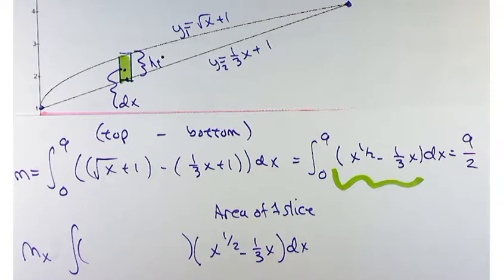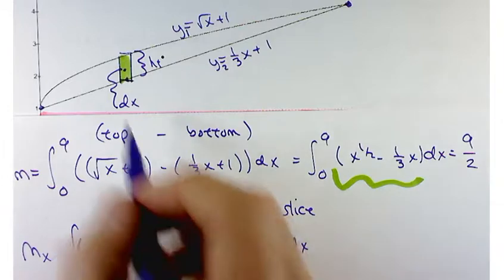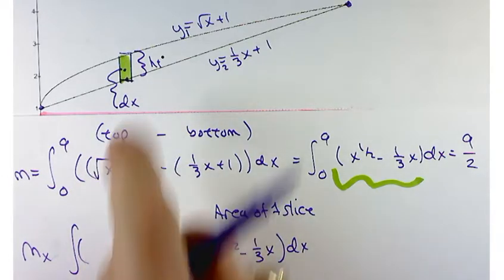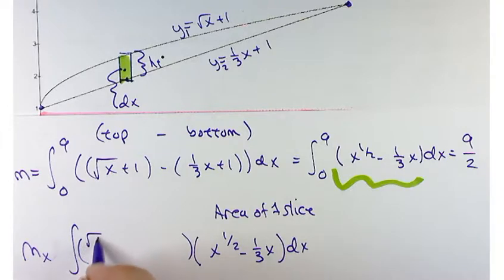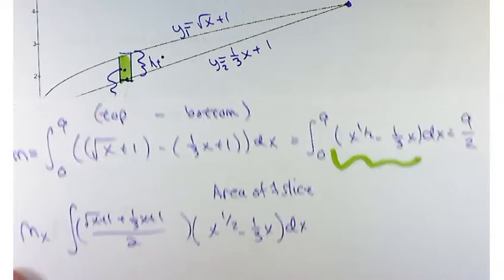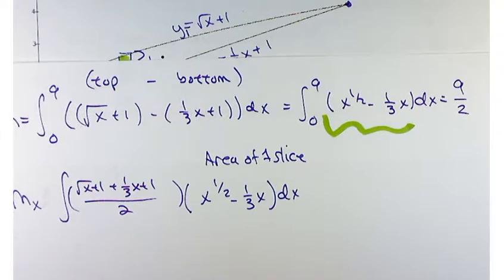Now when you're finding the middle of something, how do you find the middle of two numbers? You average them. You find the mean. So let's average this function and this function. It's going to be the square root of x plus 1 plus 1/3 x plus 1 divided by 2. So you're just averaging those things.